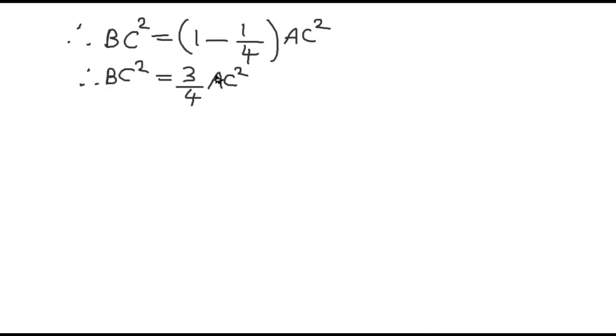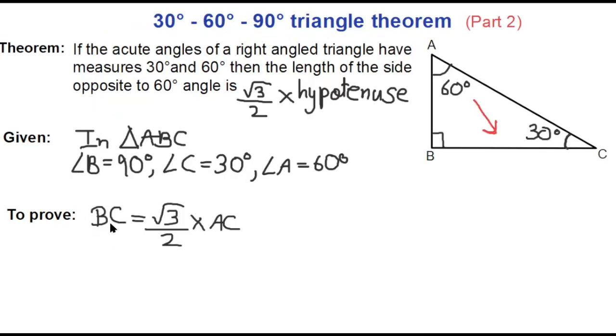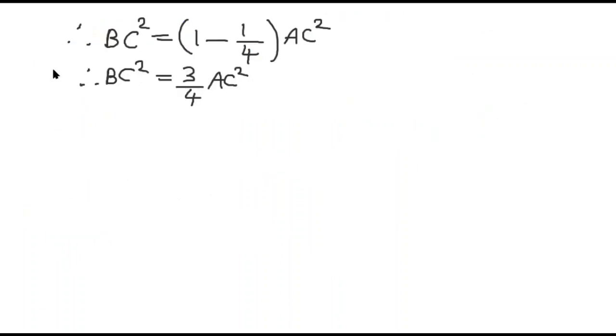See here both the sides square terms are there. Here also square is there and here also square is there. But see, here we want to find out the value of BC. We have to find the value of BC. Here we are getting the value of BC square, and on the right hand side also a square term is there.